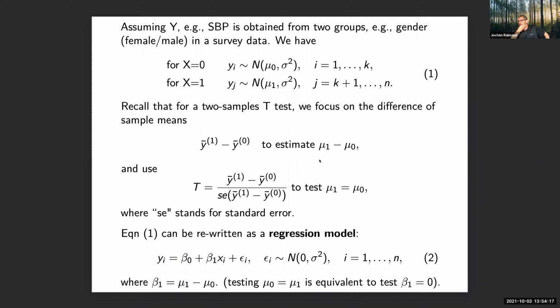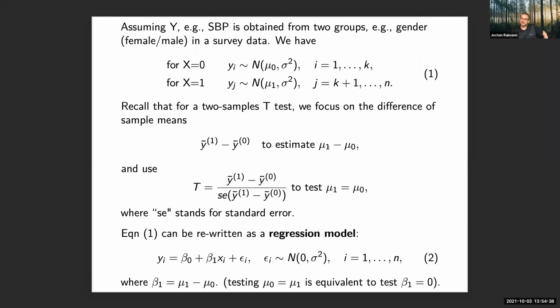Okay, so we have talked last time about assuming a Y essentially is obtained from two groups. A possible choice of these two groups could be gender, male or female, and this comes from survey data or some form of a research study.